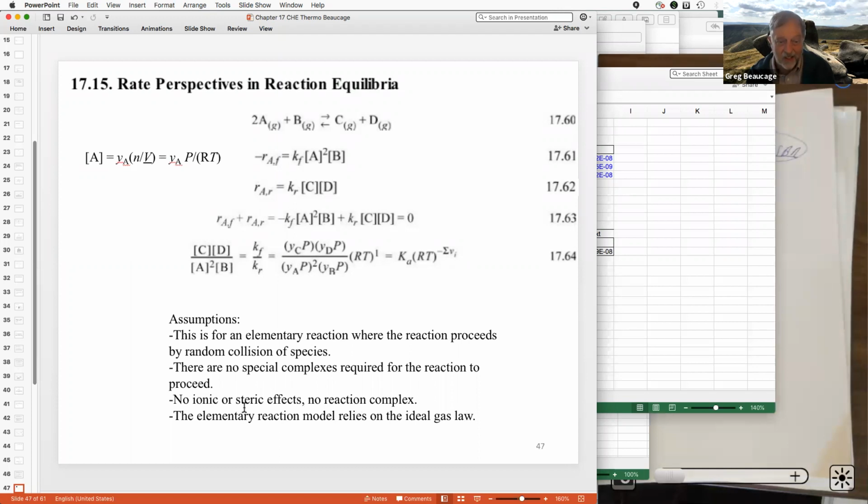And if there's no ionic behavior, they don't make any complexes, there's no steric effects, and there's no special complexes made, then basically you can say that the powers here are going to be the stoichiometry numbers. But if any of these things don't comply, which is the usual case, then you can't use the stoichiometric numbers.